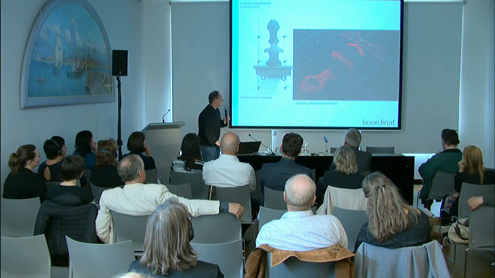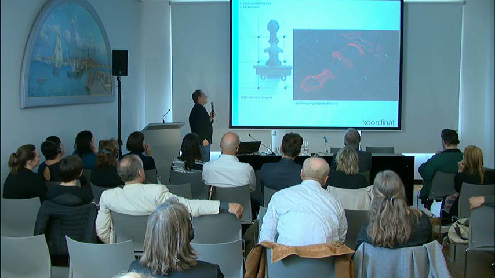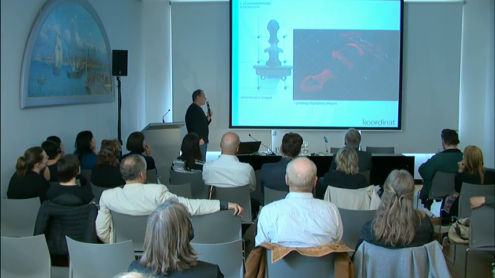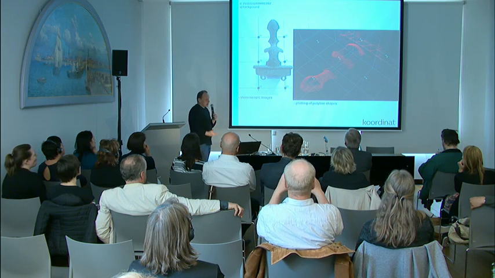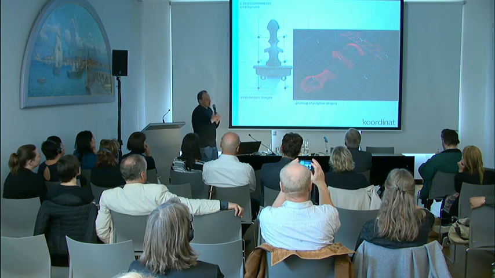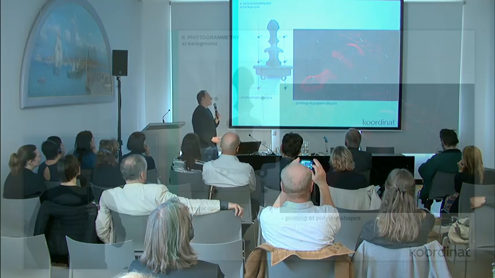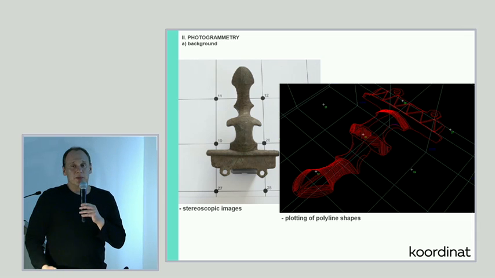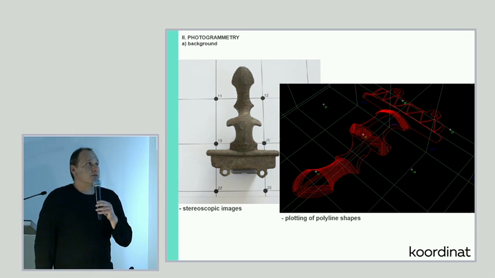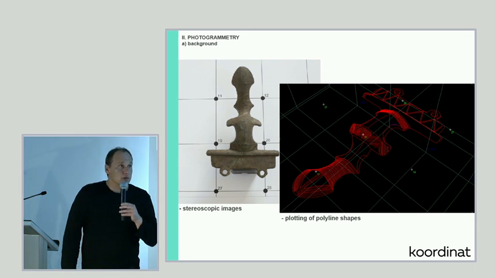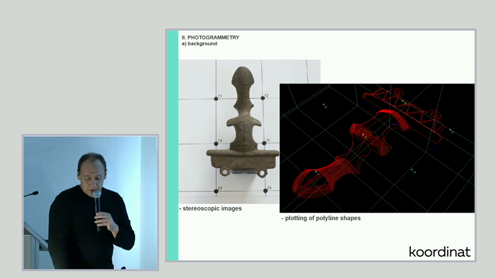Yeah, it is that. We can apply the same methods to smaller things, of course, in case we need just a rough metric survey and for archaeological documentation, and of course some kind of 3D data, for example to publish on websites or for educational purposes as well.